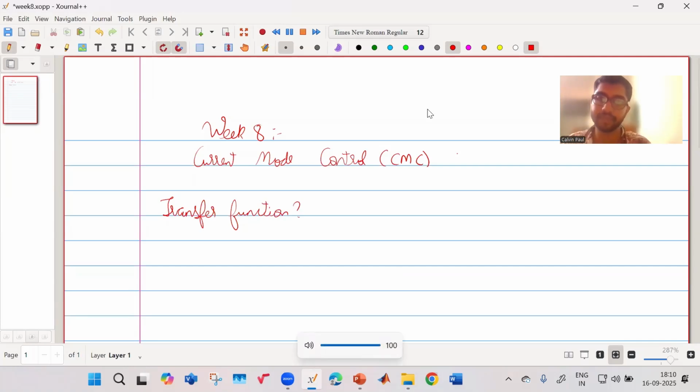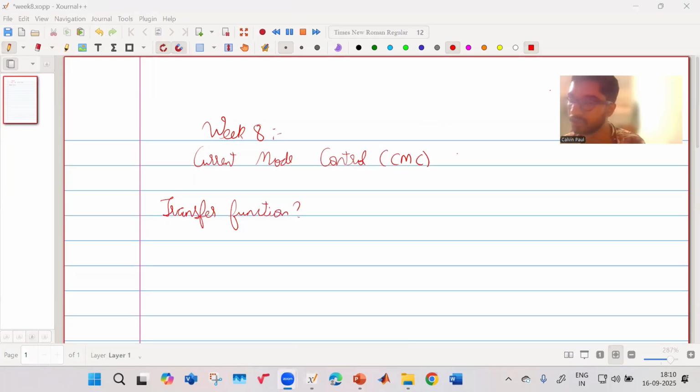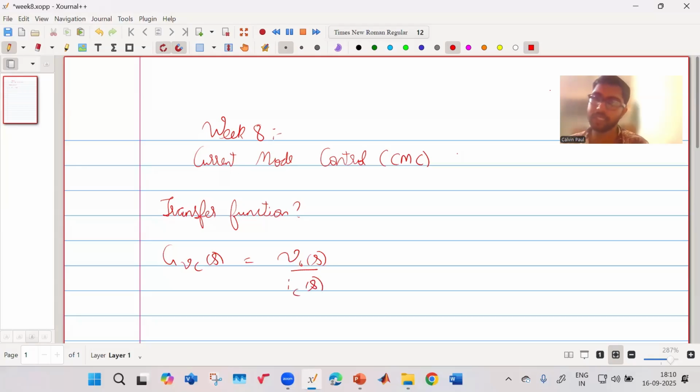Under current mode control, any idea? GVC of S, which is actually your V output of S by I control of S. Okay, this IC of S is not your capacitor current. This IC of S is your command current signal which you want.